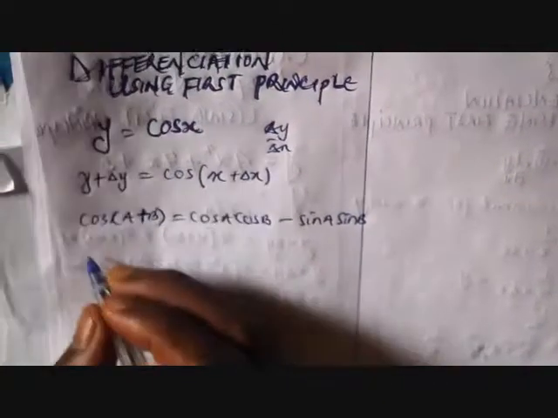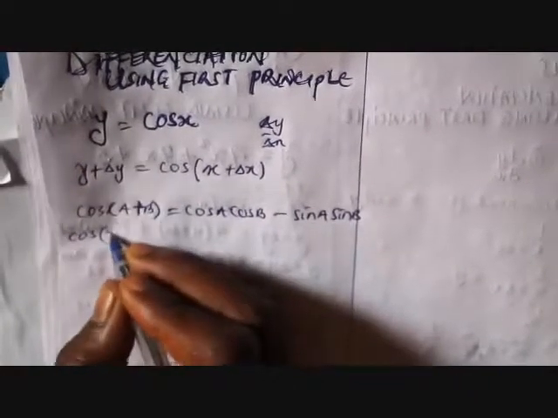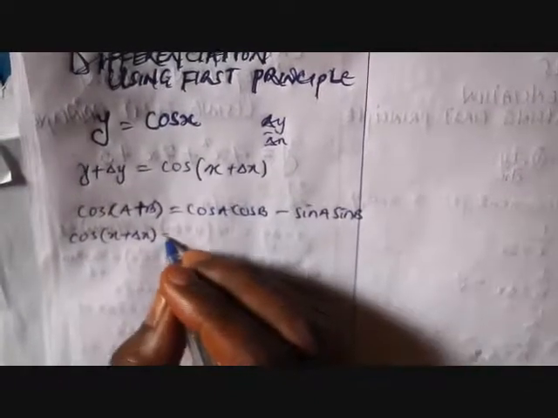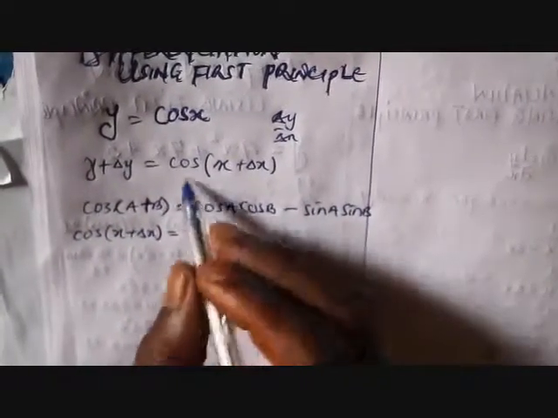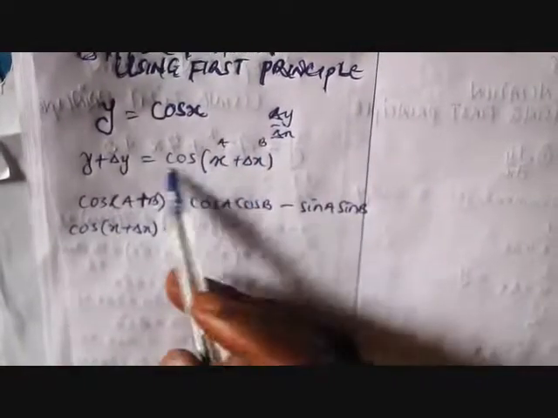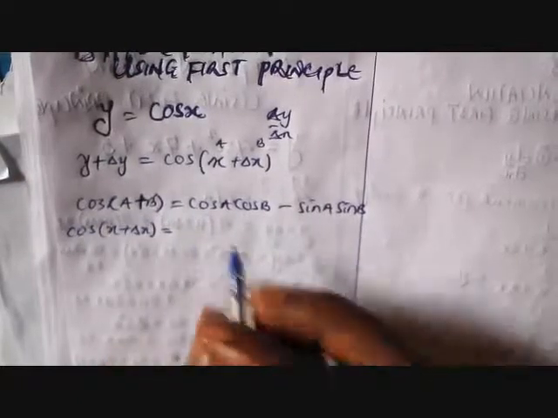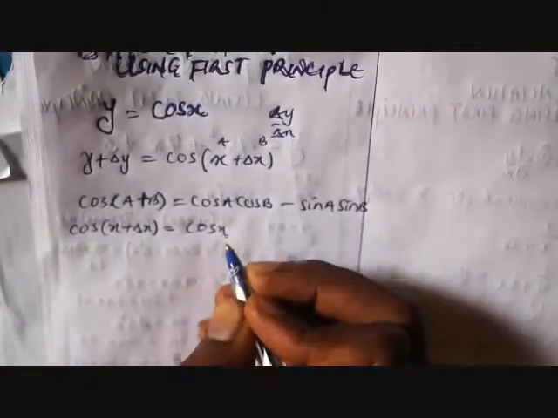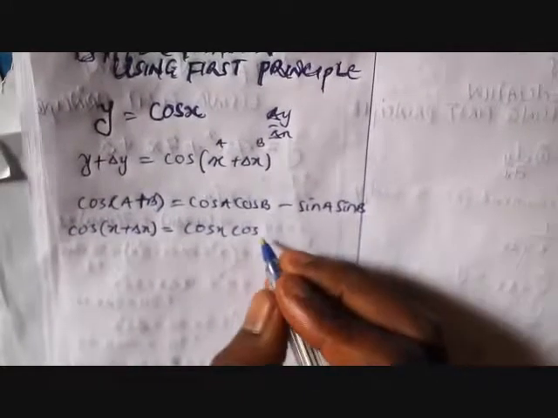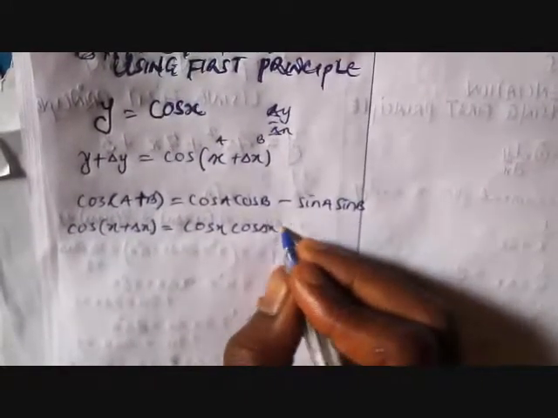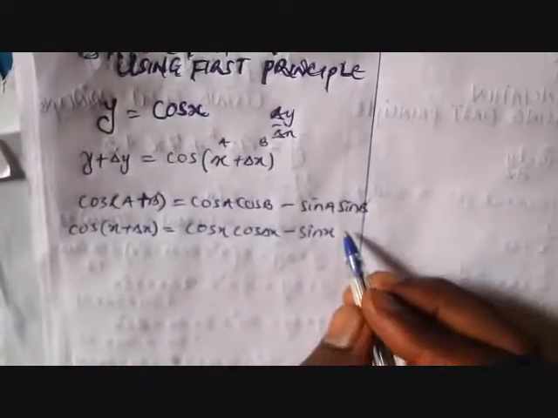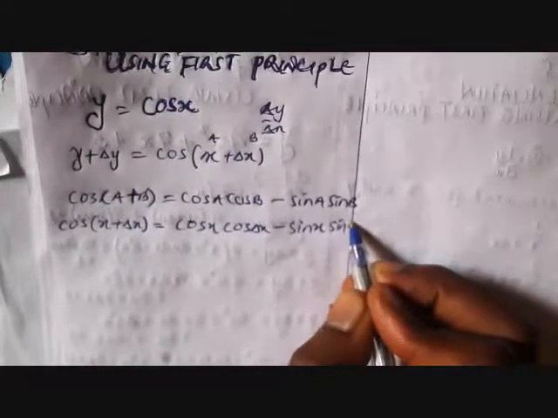So cos(x + dx) will be: let a be x and b be dx, therefore cos a is cos x, cos b is cos dx, minus sin x sin dx.